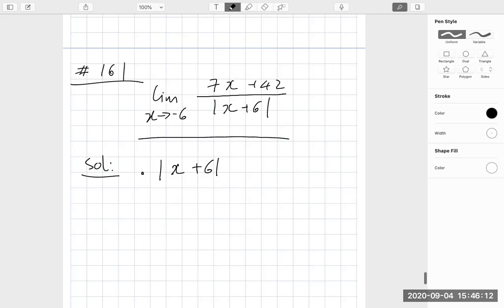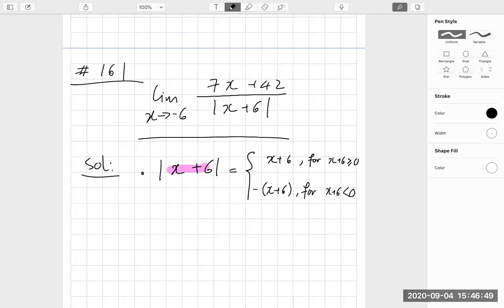It is an absolute value function. Therefore, it is a branch function. Here the input is x plus 6. It should become x plus 6 for x plus 6 positive, and it would be the negative of this for x plus 6 negative.